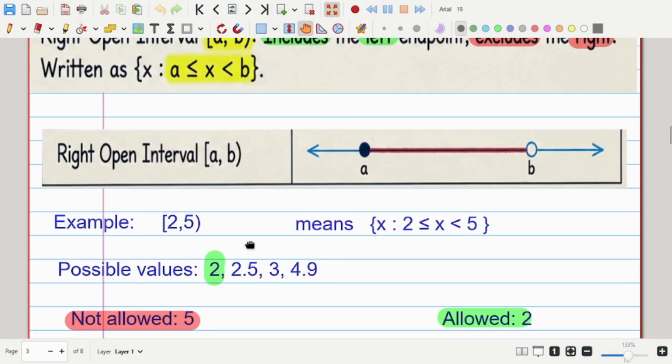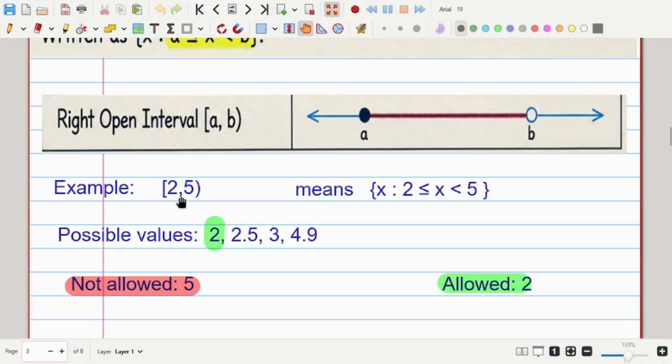For example, right open interval of 2, 5. Right open means a round bracket on the right side. Right open, O is round, so use a round bracket on the right side and a square bracket on the left side. Write it as the set of all x such that x is greater than or equal to 2 and less than 5. Use the equality sign for a closed interval.